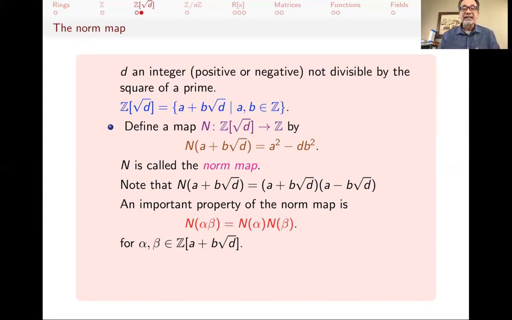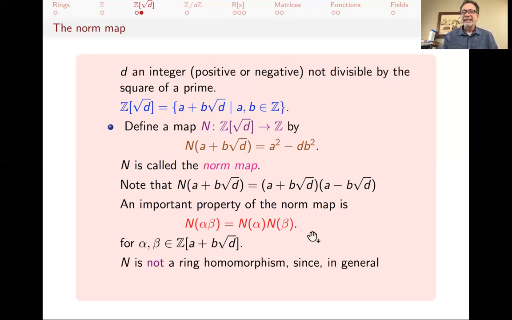So we have this multiplicative property of the norm that becomes super useful. In fact, if you watch the first video, we already used that to show how we use quadratic integer rings and norms. Again, there is a little typo here. This should be Z adjoined square root of d.